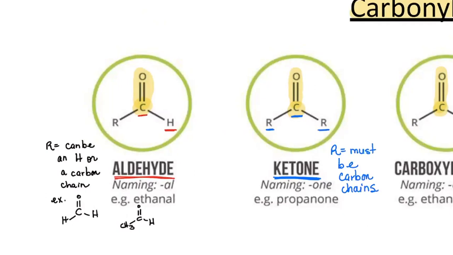So on either side of the carbonyl, you must have carbon chains. So for example, if we have a C double bond O, and on this side it has two carbons, and then on this side it has one carbon, overall that is considered a ketone.